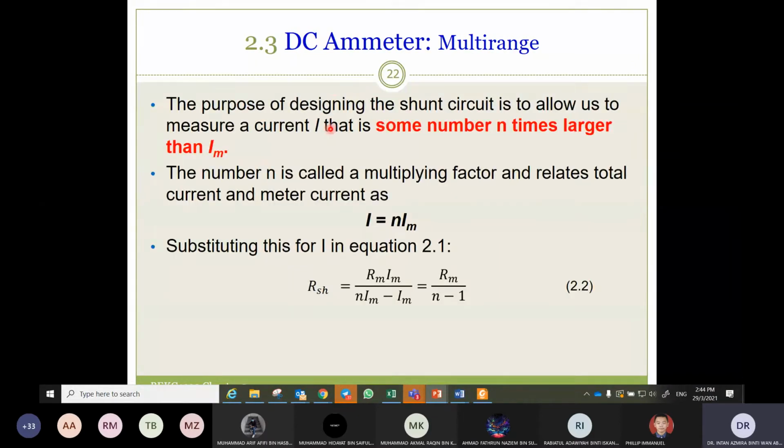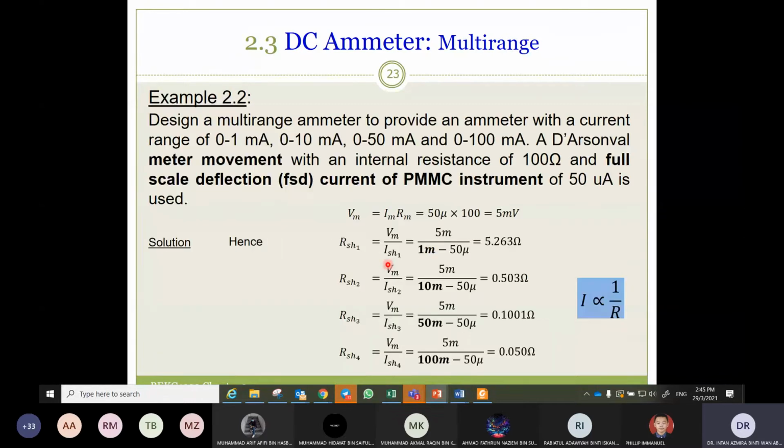The purpose of designing the shunt circuit is to allow us to measure a current that is some number n times larger than Im. Again, there is no need to memorize this formula.